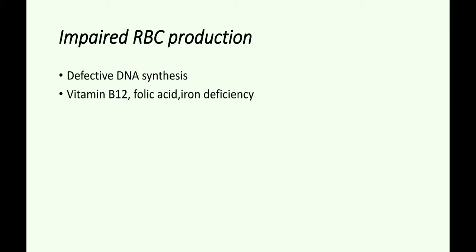So vitamin B12 deficiency, folic acid deficiency, and iron deficiency anemia come under this category of impaired RBC production leading to anemia. Another cause is increased destruction of RBC. We will be discussing hemolytic anemia later in the session.